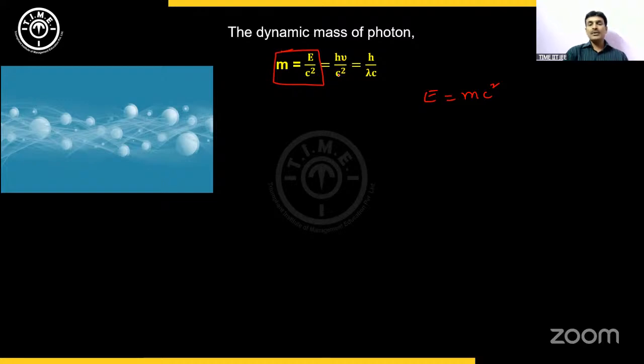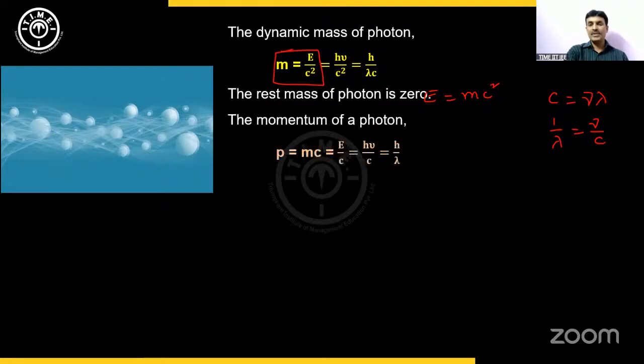Whereas nu by c is nothing but 1 by lambda, from the relation c is equal to nu lambda. So it can be written as m is h by lambda c. That mass is called the dynamic mass, whereas its rest mass is 0. When the photon is at rest, its mass appears to be 0.